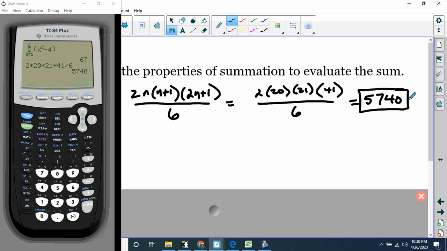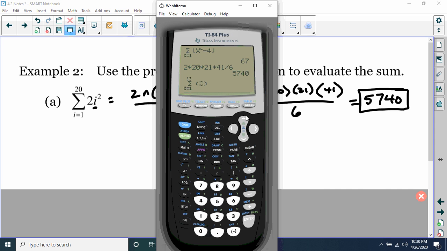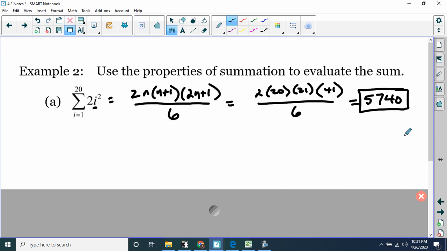And again, you should have a good idea if that's right or not by using the summation on your calculator. You could type it in here just to confirm from 1 to 20 of 2i squared. And we get the same answer, 5,740.